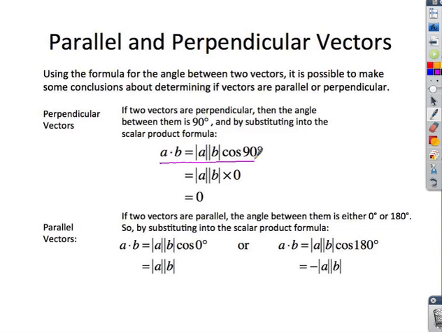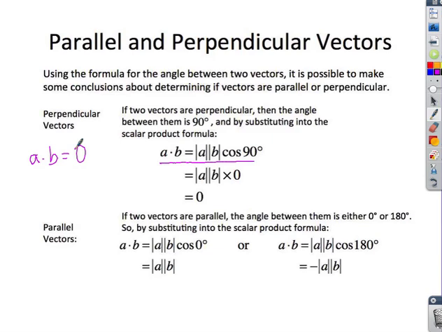Well, we know that the cos of 90 is 0, and so that would make the entire right-hand side 0. So the property that's shown here is that if two vectors are perpendicular, their dot product will equal 0. So you can just write that here beside. For perpendicular vectors, A dot B is equal to 0. And at different times you can use that for justification as well.